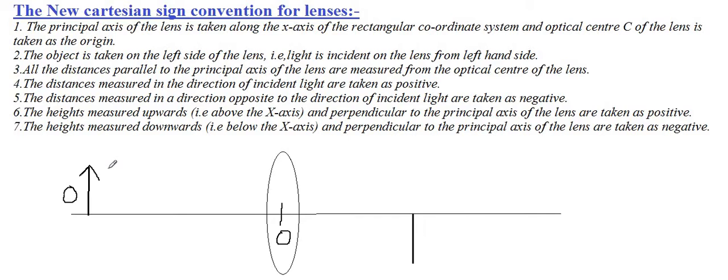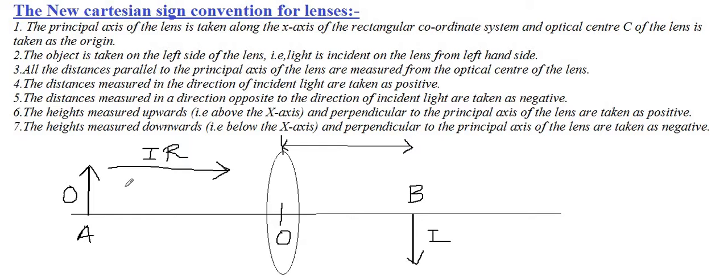So incident ray will come from left hand side. So this is the direction of incident ray. It comes from left to right. And if we measure a distance along the direction of incident ray, then it will be taken as positive.